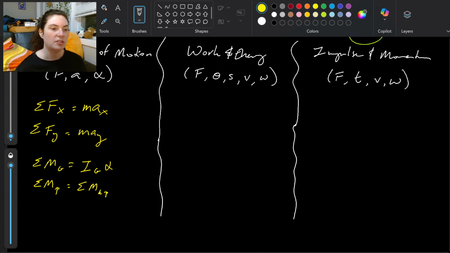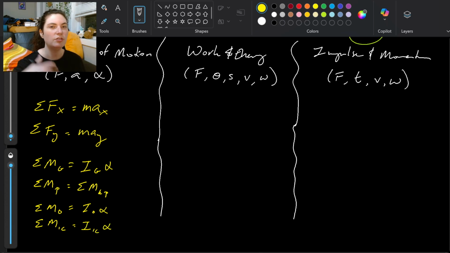And then we had a couple of special case moments. If you're doing rotation about a fixed axis, you can take your moment about the fixed axis, and that equals I_O times alpha. Or if you're doing rolling without slipping, that was another special case where if you take the moment about IC, that would be I_IC times alpha.